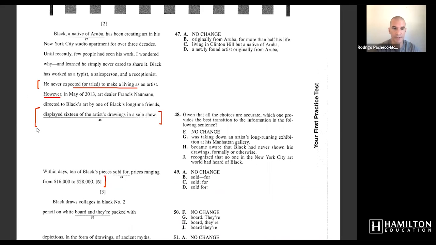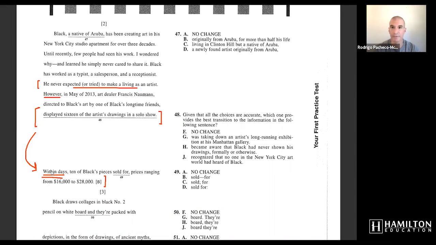So what information is going to help us transition to the sentence that follows? We're told that within days, 10 of Black's pieces sold for prices ranging from $16,000 to $28,000. So what's important here is going to be this phrase, "within days."